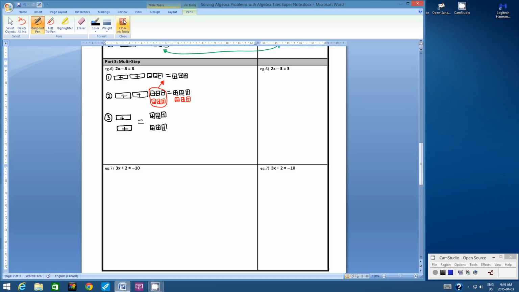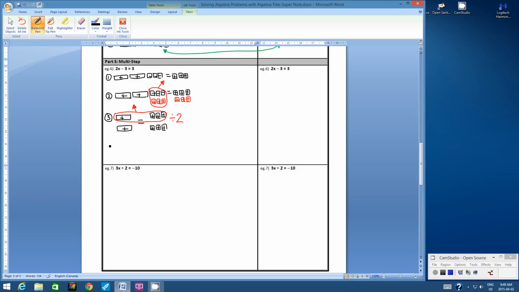Okay, do you remember what we do? When we have 2 x's, we're dividing by 2. We circle one of the groups to show that we are going to take it away. Then we always have to write what we're dividing by. In this case, we're dividing by 2 because there are 2 groups, there are 2 x's.